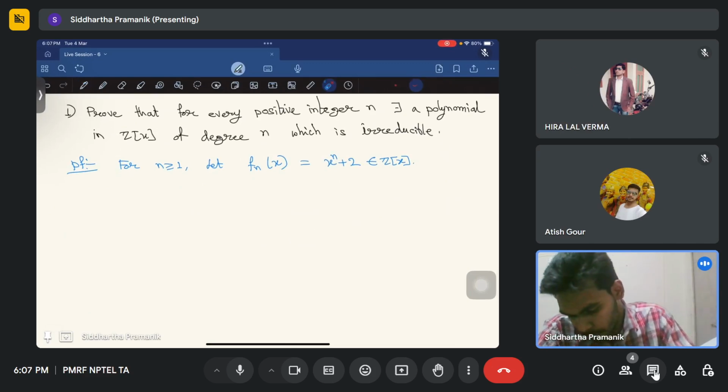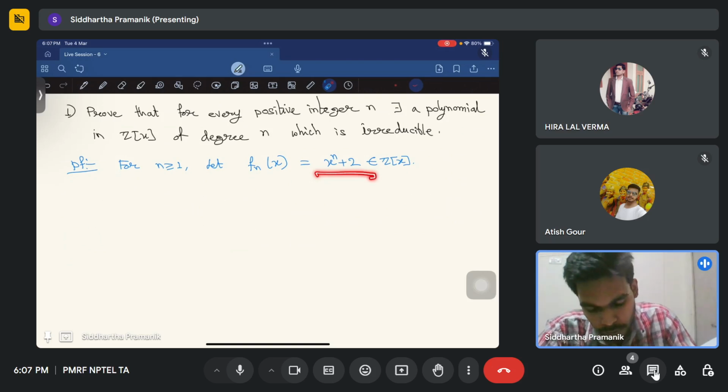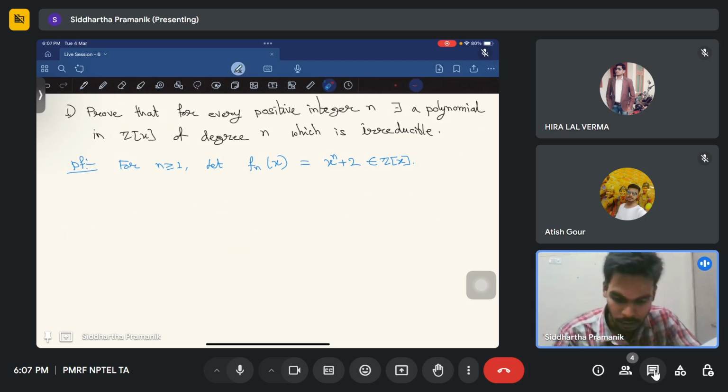Okay. So to prove this polynomial is irreducible, I will use the Eisenstein criterion. Just recall it.